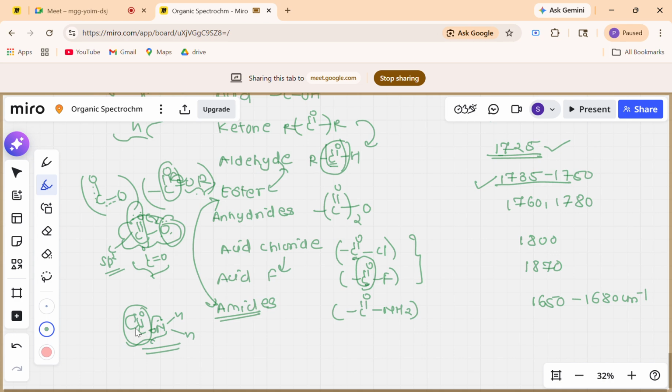Like we discussed in the alpha beta unsaturated case, if alpha beta unsaturation is present next to the carbonyl group, or if there is a heteroatom containing a lone pair or a double bond, that can undergo resonance and decrease the double bond character of your CO, or increase the single bond character of your carbonyl group, then the corresponding stretching frequency value is decreased.